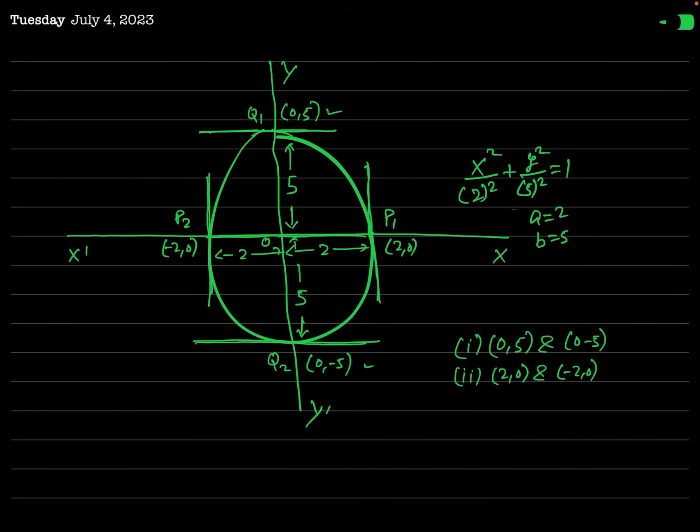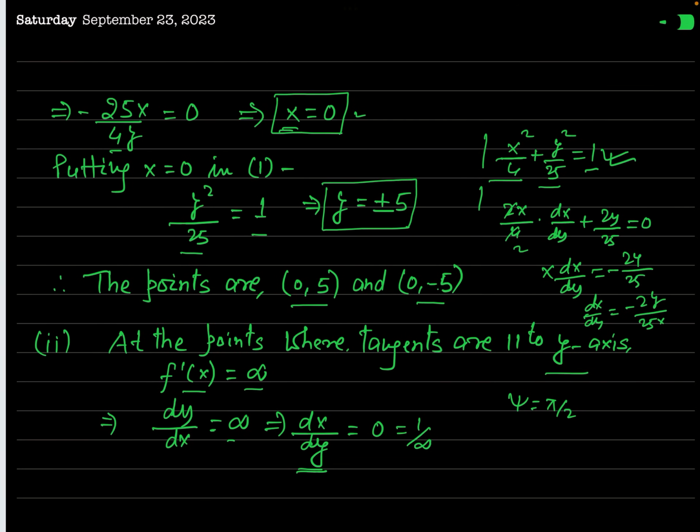Okay, and you can see this figure. From this figure you can see at point P1, whose coordinates I have found earlier are 2, 0, and the point P2, whose coordinates are minus 2, 0. Actually at these 2 points the tangents are parallel to the y-axis.